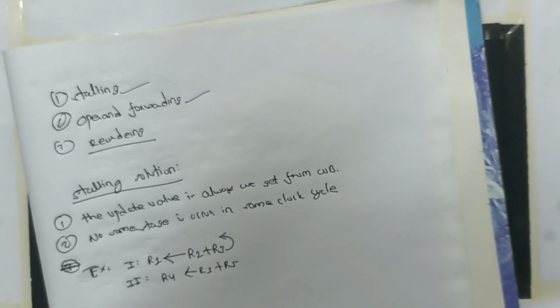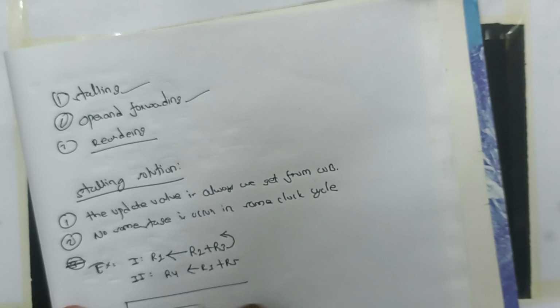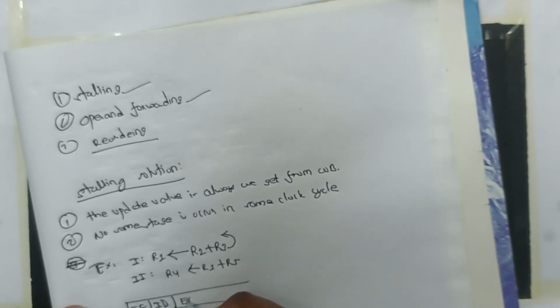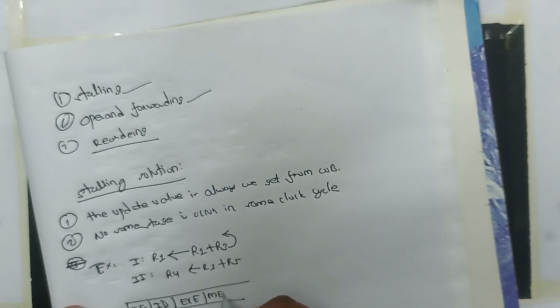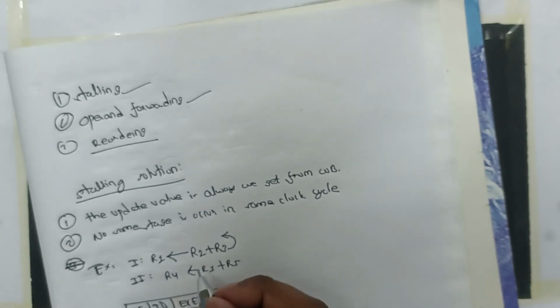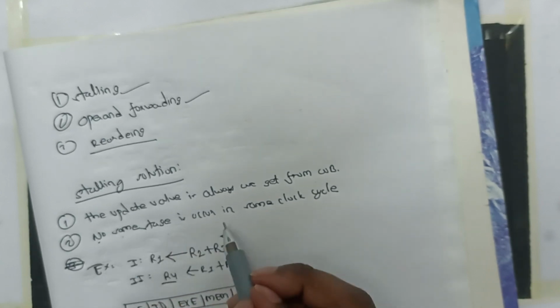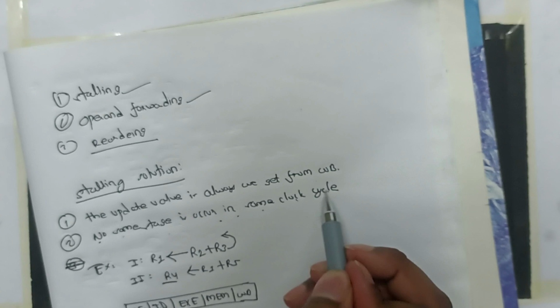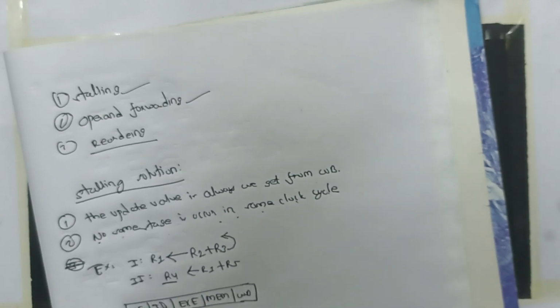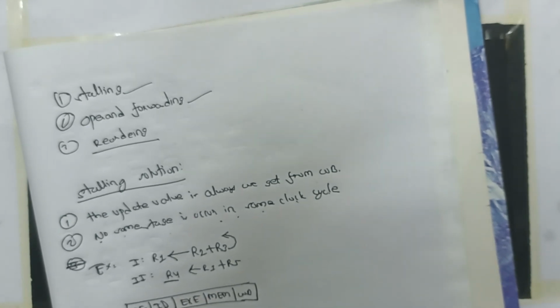Simply draw the diagram, that is IF ID EXE MEM and WB. Now turn to the second instruction. I told you no same stage occurs in the same clock cycle. It means we cannot start the second instruction from this, so we have to start from here, the instruction fetch.